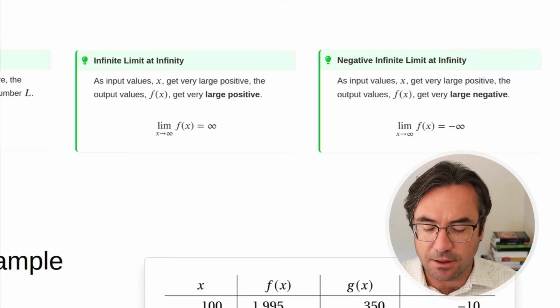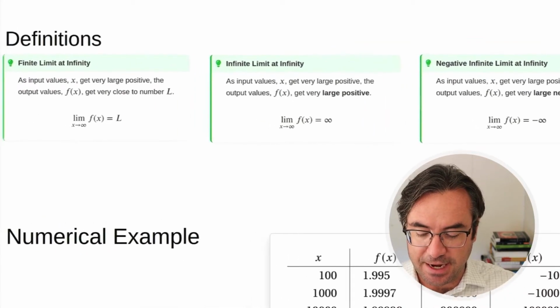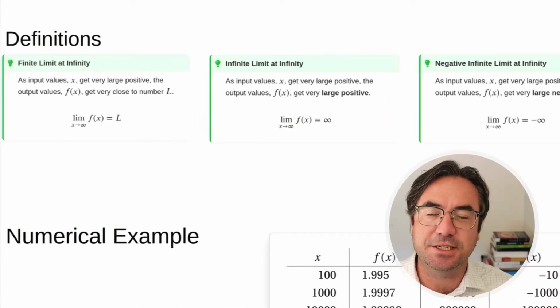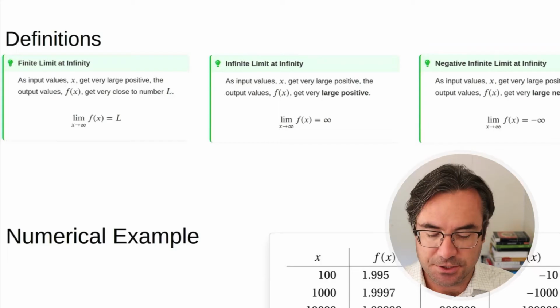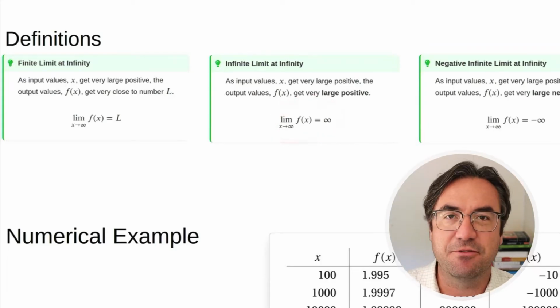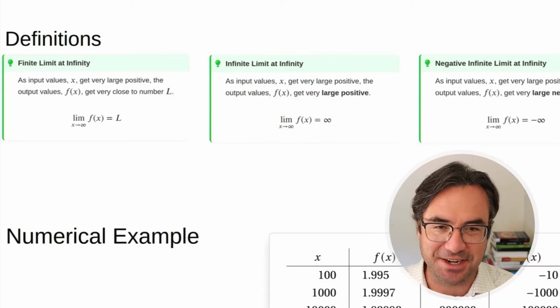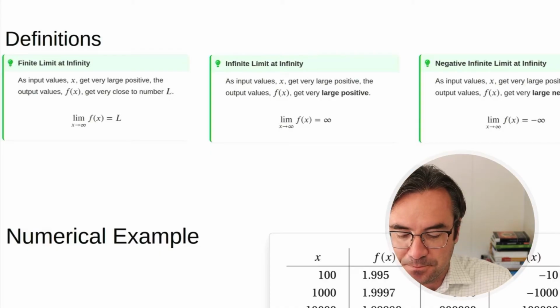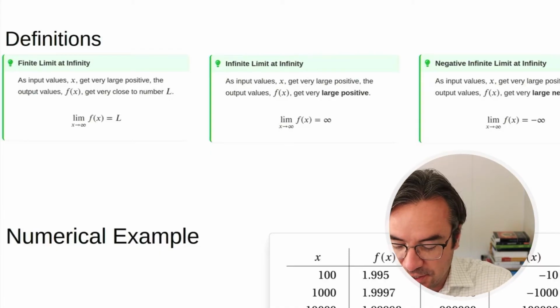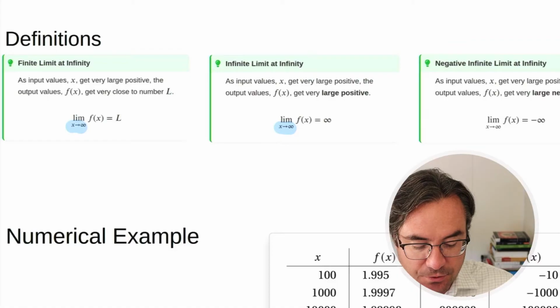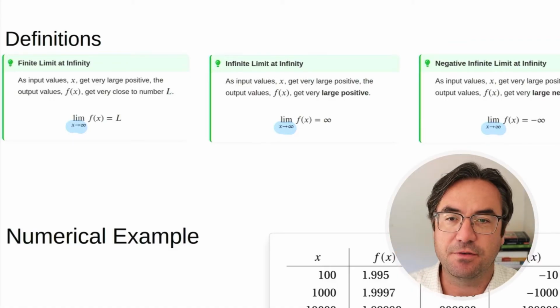So when we're looking at all of these, again, it's helpful to remember, especially for the ones where there are different infinities, that when we look at each of these, x going to infinity is describing the input of our function.